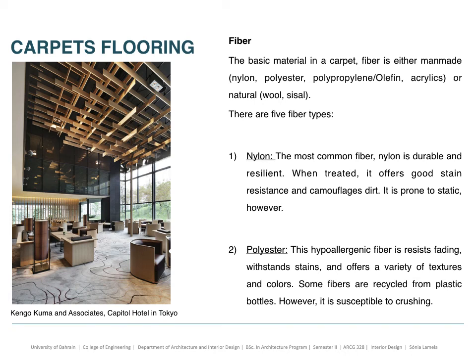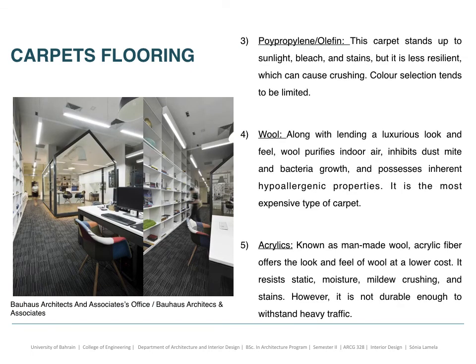And then we have polyester, which resists fading, withstands stains, and offers a variety of textures and colors. It could also be recycled from plastic bottles and doesn't interfere with allergies. Then we have the olefin, a carpet that stands up to sunlight, pitch, and stains, but it's less resilient and it can cause crushing.